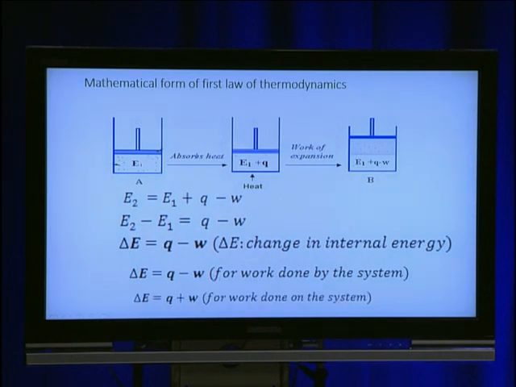If you have a plus sign, Q plus W, this indicates work done on the system. By the system negative, on the system positive. Work of expansion negative, work of compression positive. So that's how we calculate change in internal energy.